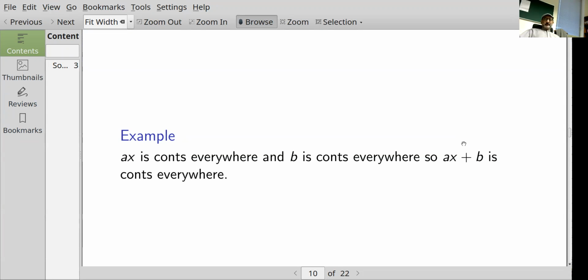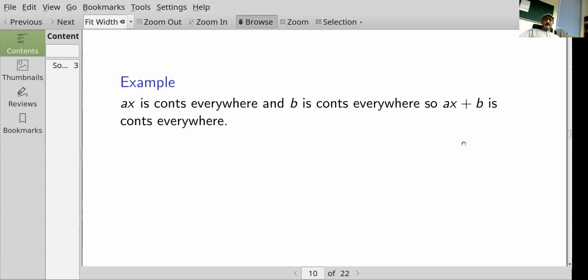Continuing with that example, if ax is continuous everywhere and the constant function b is continuous everywhere, so ax plus b is continuous everywhere, right? Monomials are continuous everywhere.